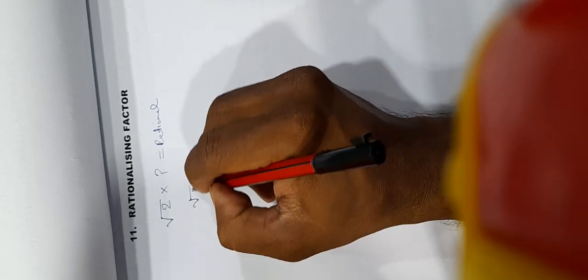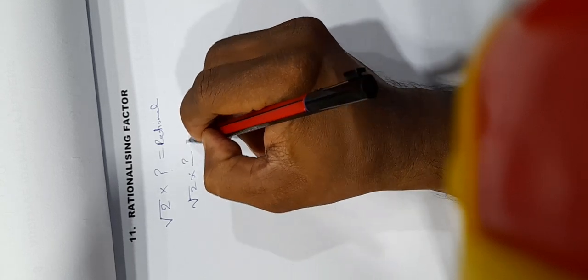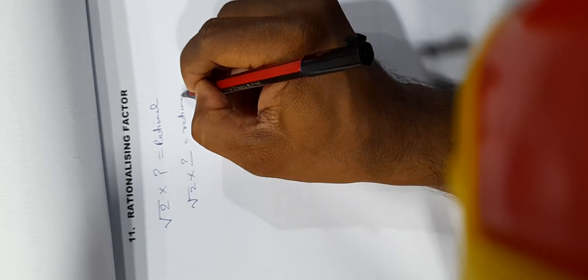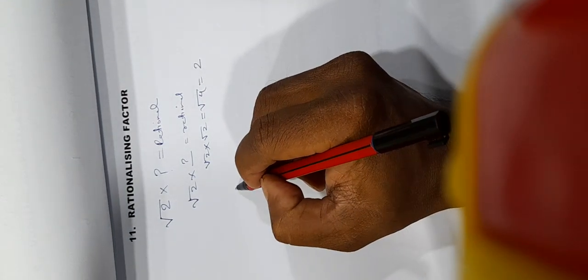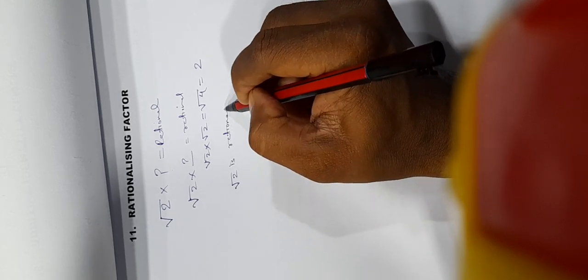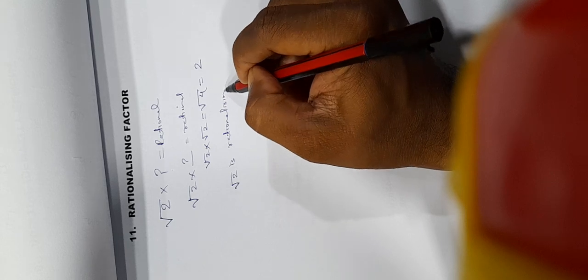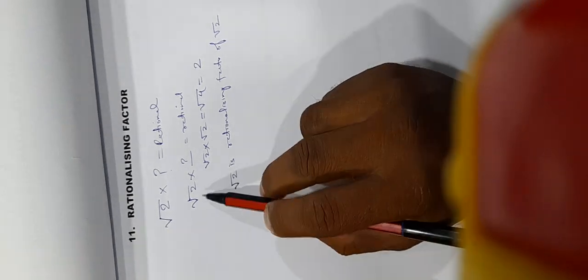Now you see square root of 2 multiplied by what number equal to rational? Square root of 2 multiplied by square root of 2 equal to square root of 4 means 2. That means square root of 2 is rationalizing factor of square root of 2. Right?